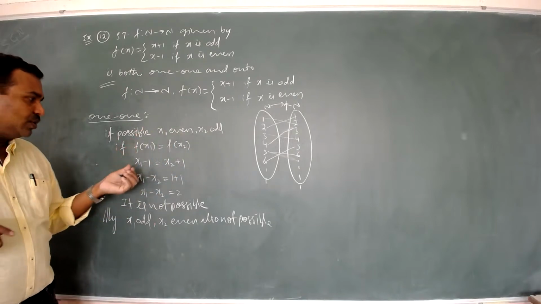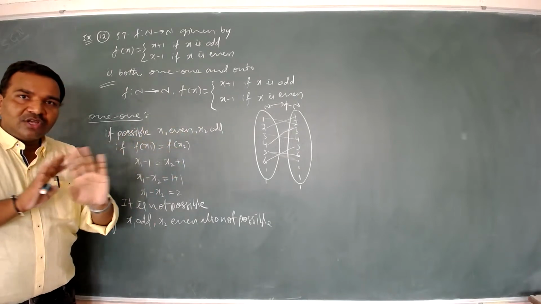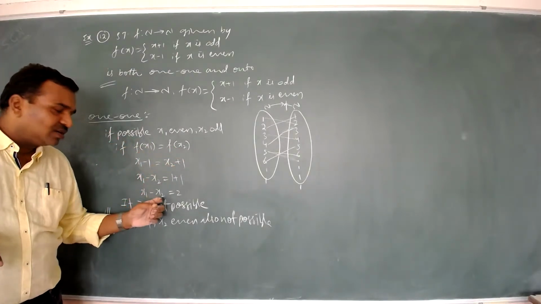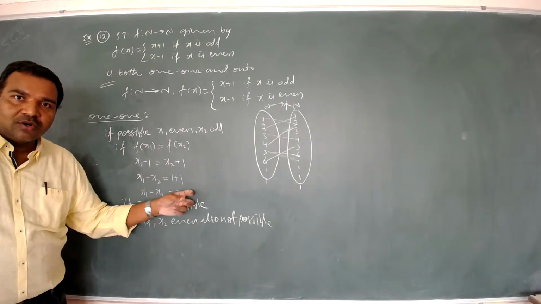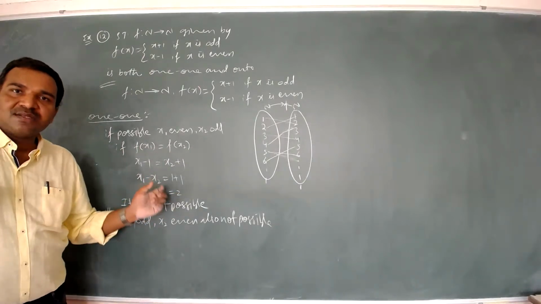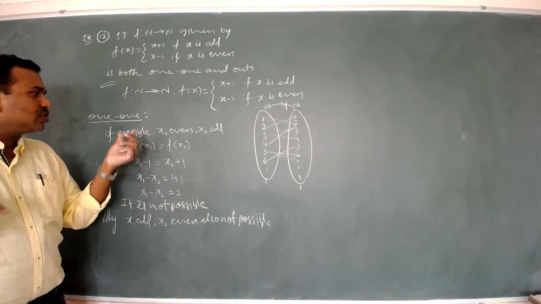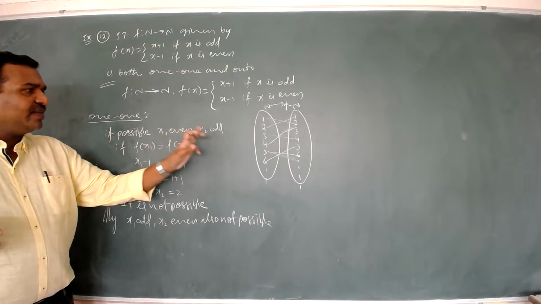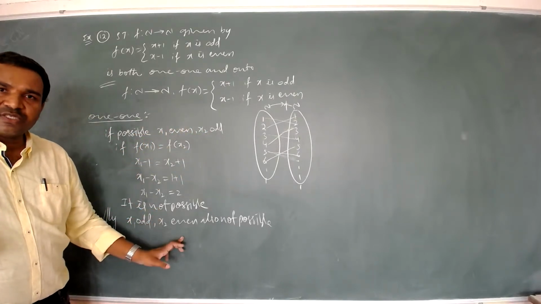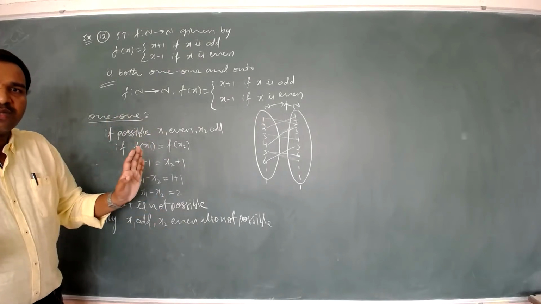So if I take one even, one odd, f of x1 cannot be equal to f of x2. We got a contradiction: x1 minus x2 equal to 2, that is, even minus odd cannot be 2. So that's why it is not possible. So we cannot take x1 even, x2 odd, or x1 odd, x2 even. So both cases are not possible.